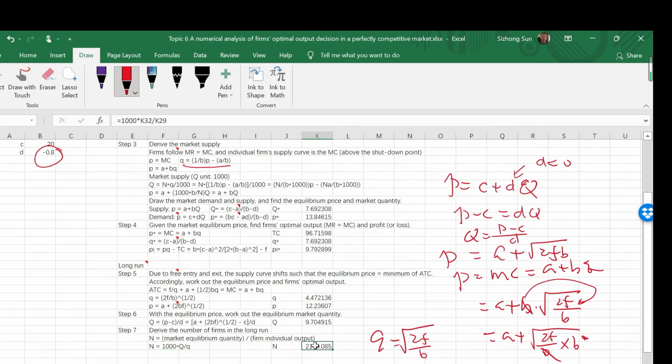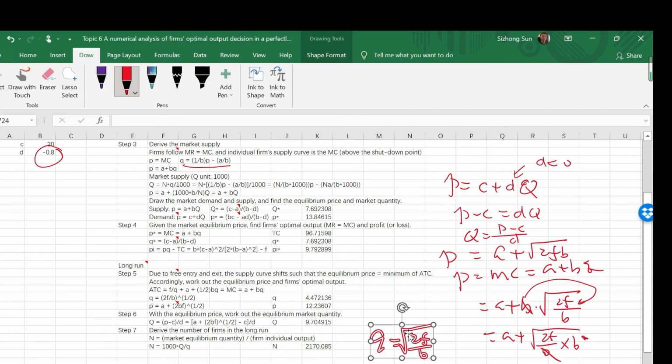Evaluate this one, we get the number of firms in the market, which is 2,170 firms. Here we are treating n as a continuous variable, but actually n should be an integer. So let's ignore the decimal points.